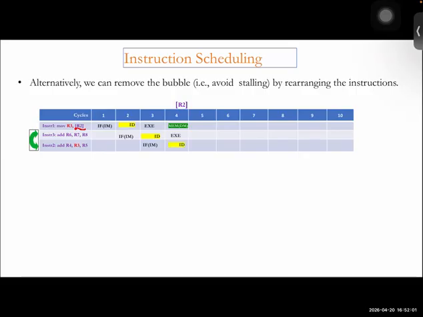Instruction 2 is decoding, so source 1 operand is read from R3, and source 2 is read from the R5 register. So at the fifth cycle, in the first half, in the write back stage, this operand will be updated in the R3 register, the load operation.